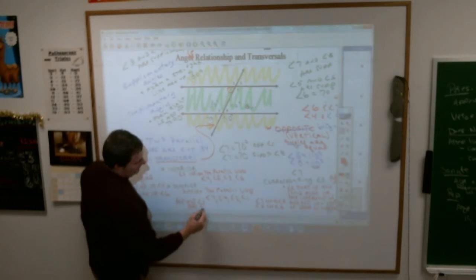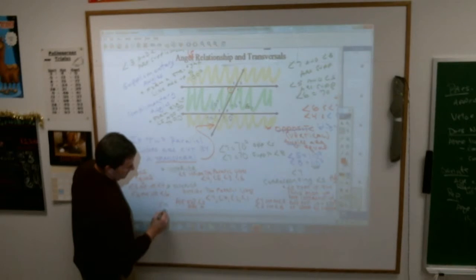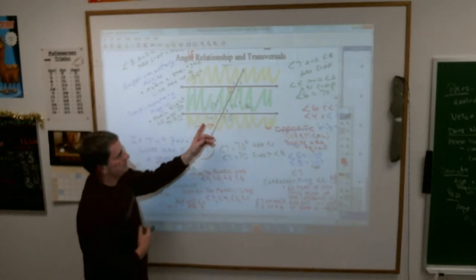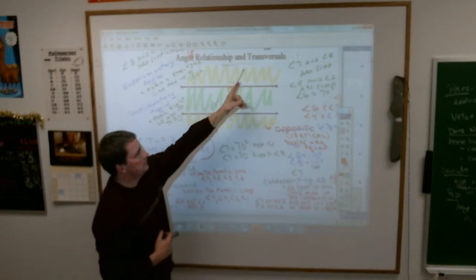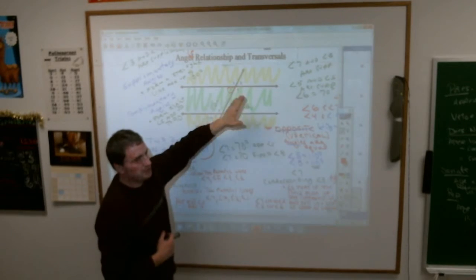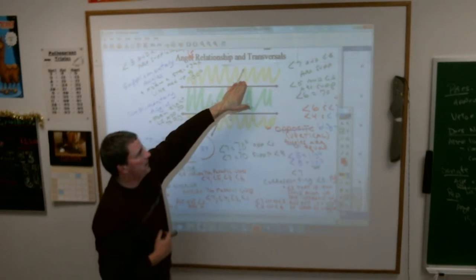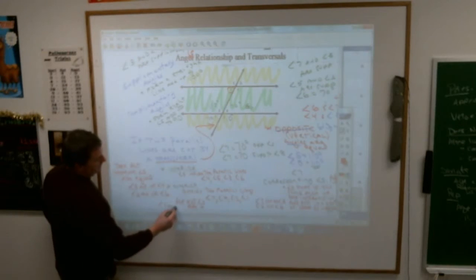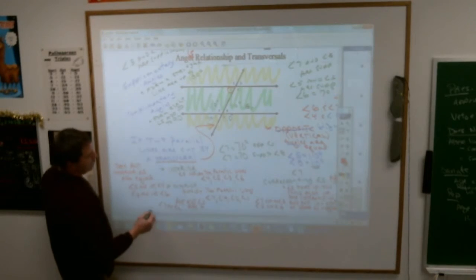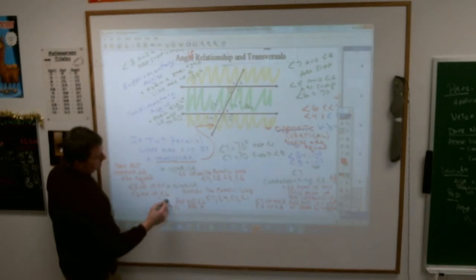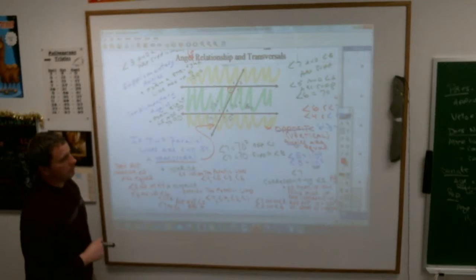So angle 7 is an alternate exterior angle to what? Angle 2. Has to be on the other side of the transversal. This side, opposite side. So angle 7 and angle 2, angle 1 and angle 8. And they are also equal.